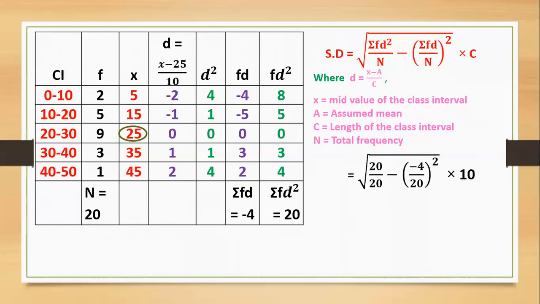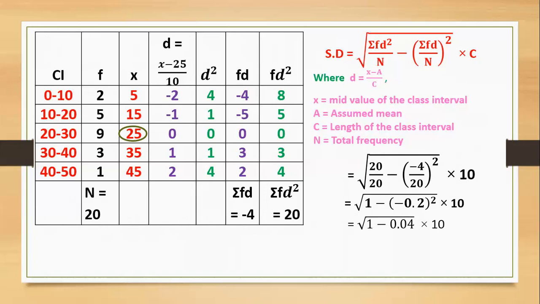So square root of f d square value 20 by capital N, total frequency equal to 20, minus f d total minus 4 divided by 20, the whole square, into C. So 20 by 20, which is 1, minus 4 by 20, which is minus 0.2, the whole square, into the length of the class, 10. Squaring 0.2 gives 0.04.